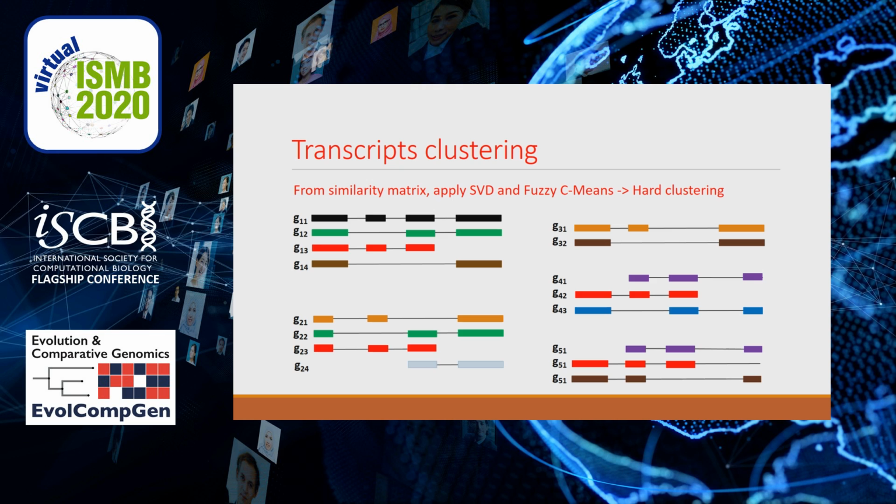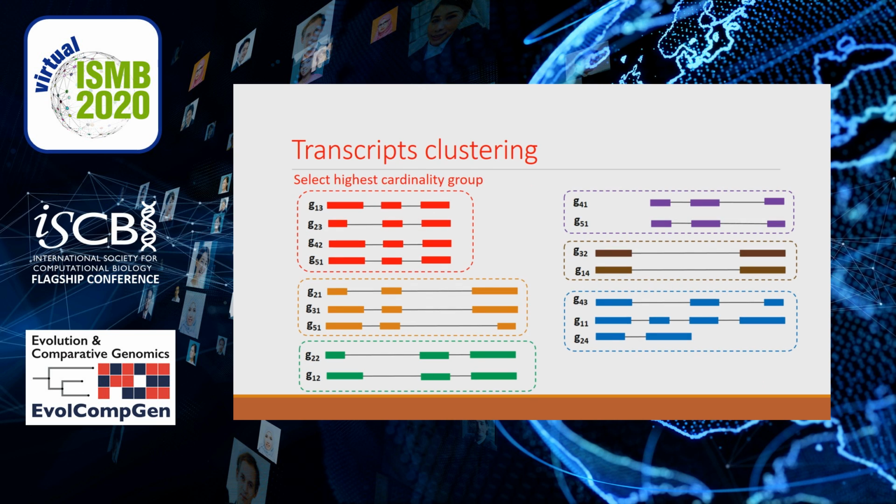This similarity measure allows us to obtain a similarity matrix. By applying SVD and fuzzy c-means, we obtain some hard clustering. Each color here represents a similarity group. We then select the highest cardinality group and make sure that each gene is represented in this group.